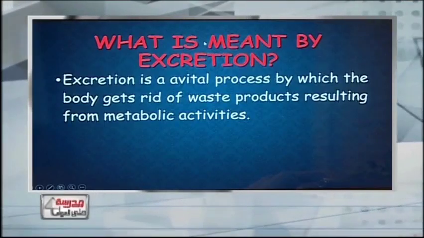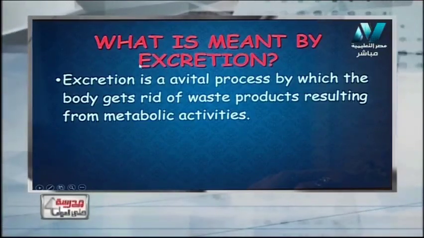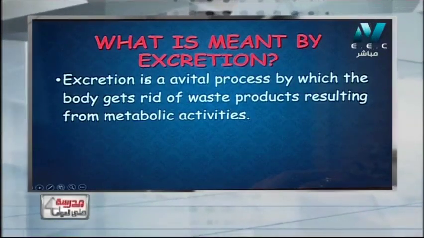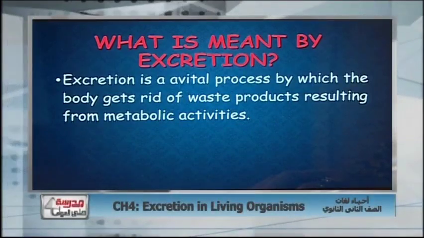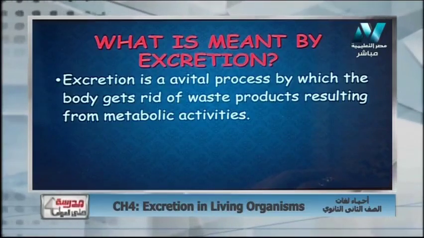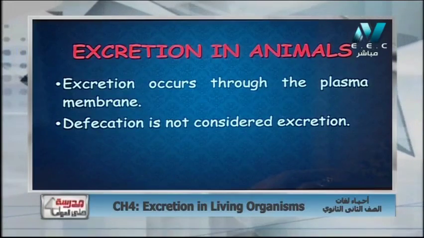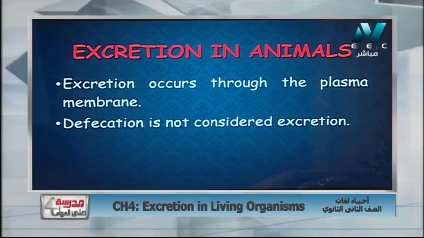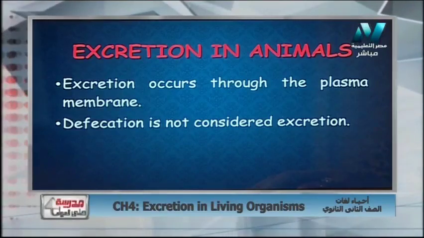by definition. What is excretion? What's meant by excretion? Excretion is a vital process by which the body gets rid of waste products resulting from metabolic activities. And excretion in plants or in animals takes place in different ways.